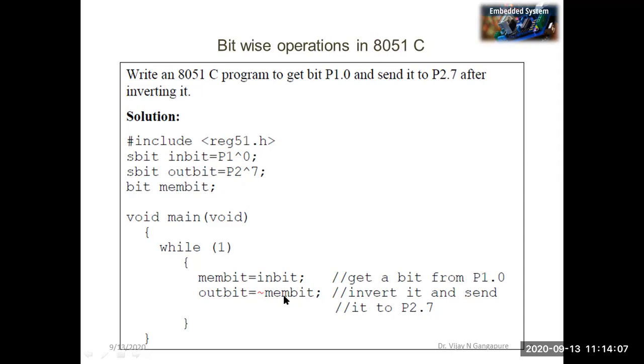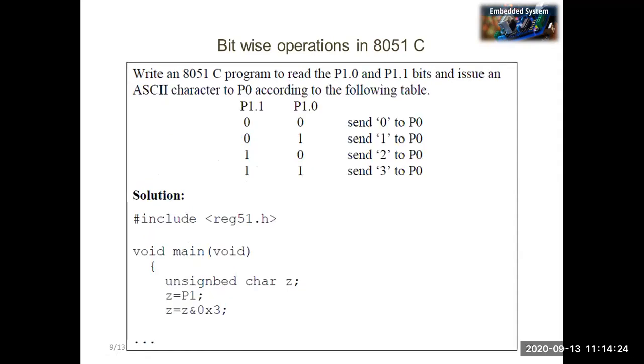Okay, first we are inverting it and then we are outputting to pin number 7 of port 2. म्हणजेच काय, by using these two statements, I am reading data from pin number 0 of port 1, then inverting it and then outputting it to pin number 7 of port 2. Okay, so this is the program.